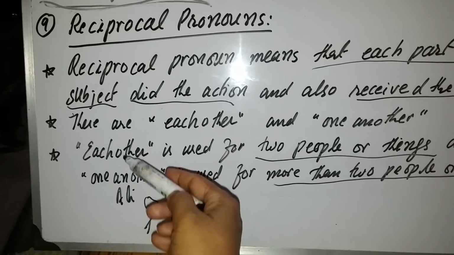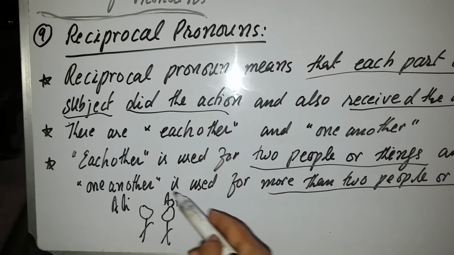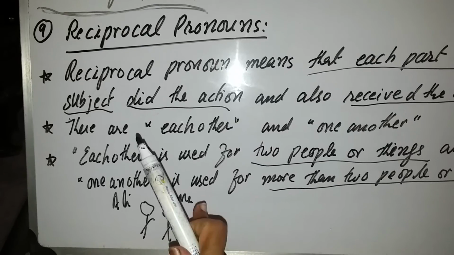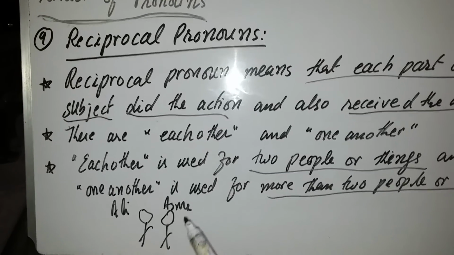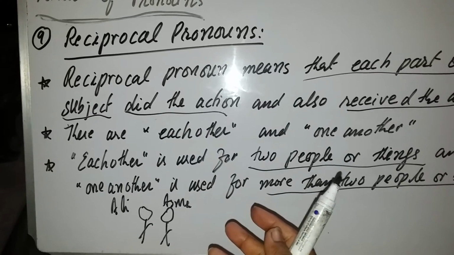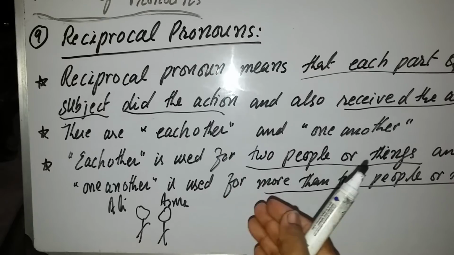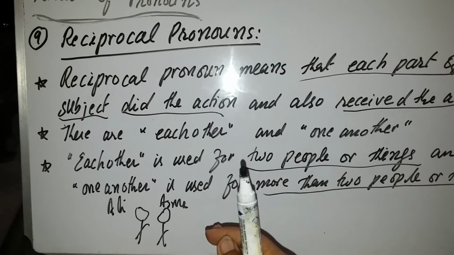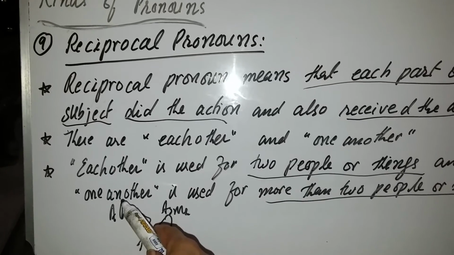If the action is being done and received by two people, then we will use each other. And when the action is done by more than two people and also received by those people, then we will use one another as a pronoun.